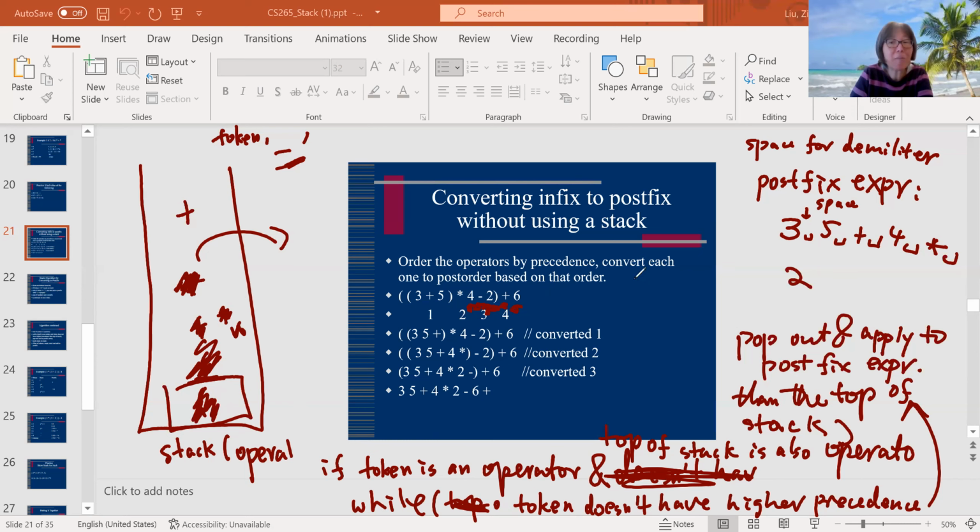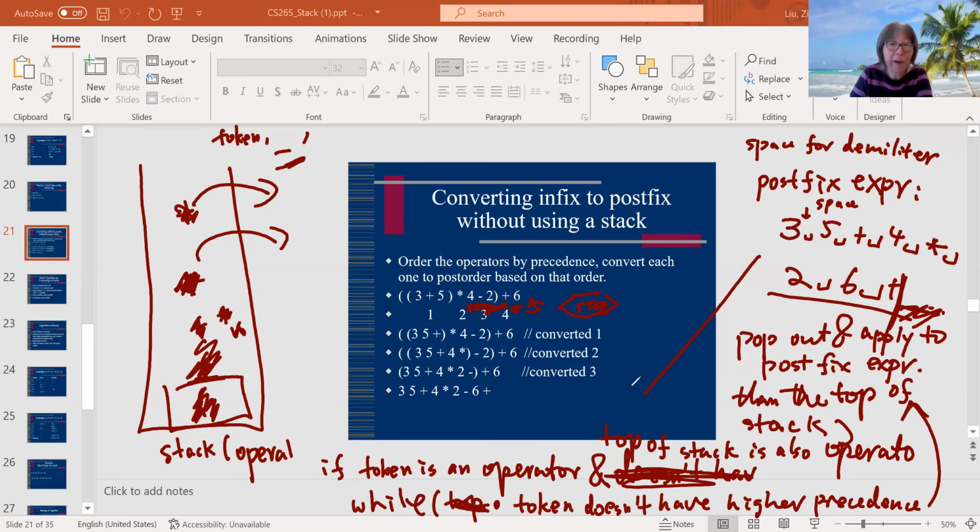Next one is a number, so you add it to postfix. Now you reach the end of the expression. After you reach the end, you just pop all the operators out and apply them to postfix. That's the end of the postfix expression.